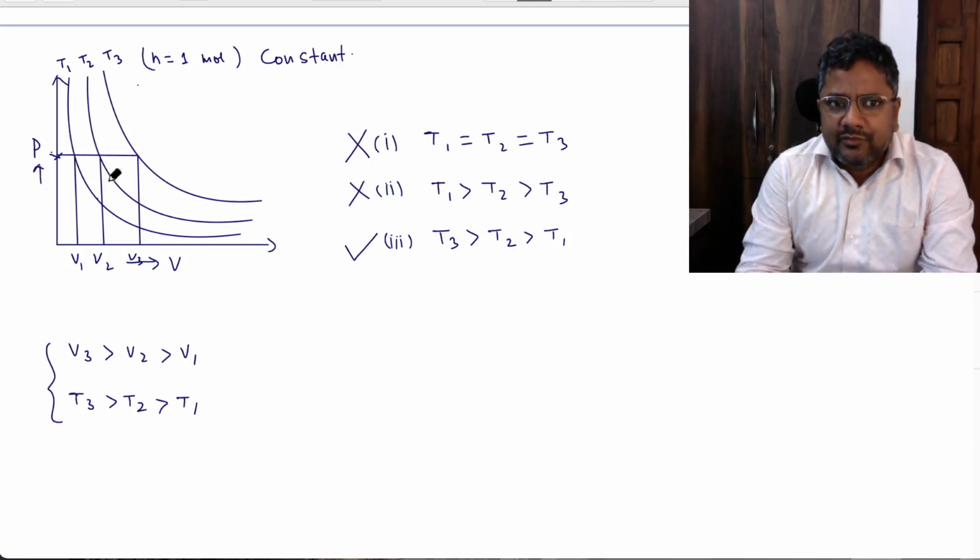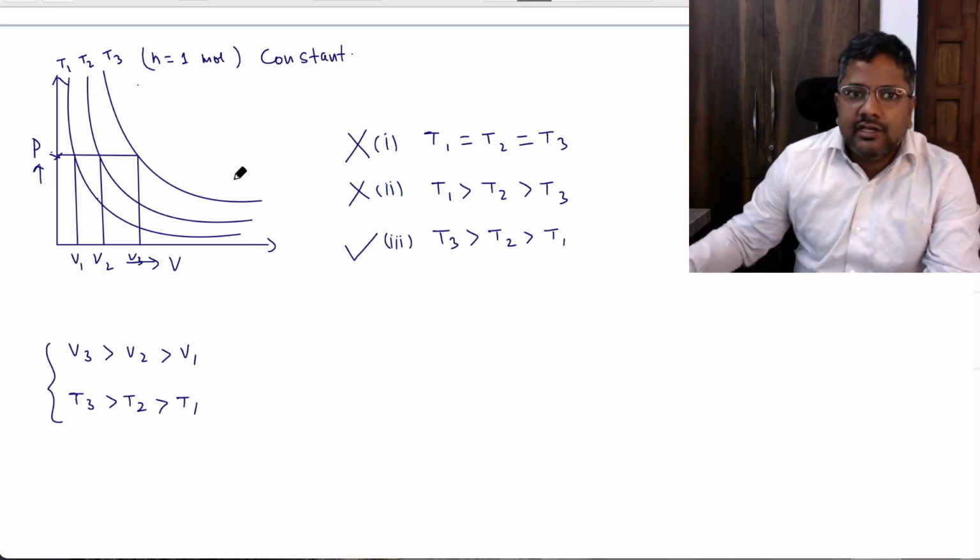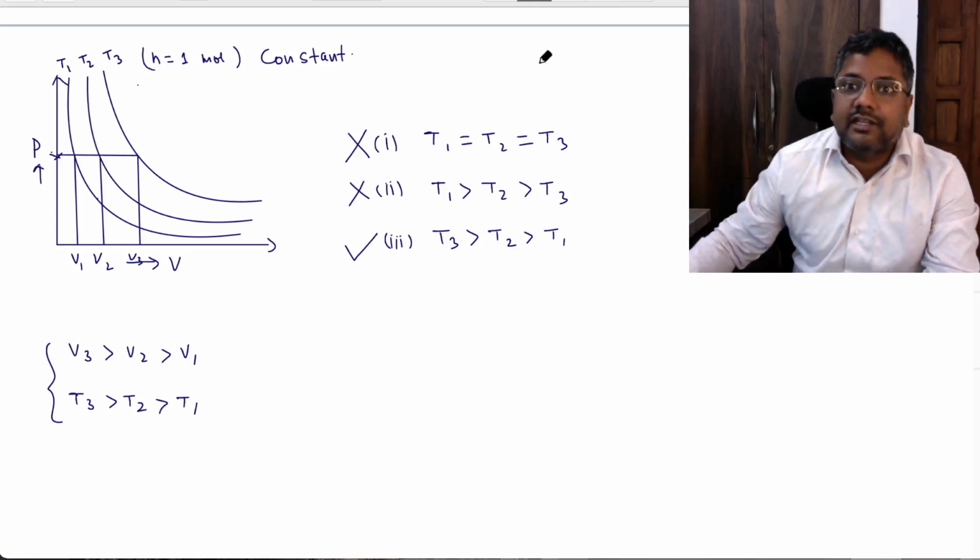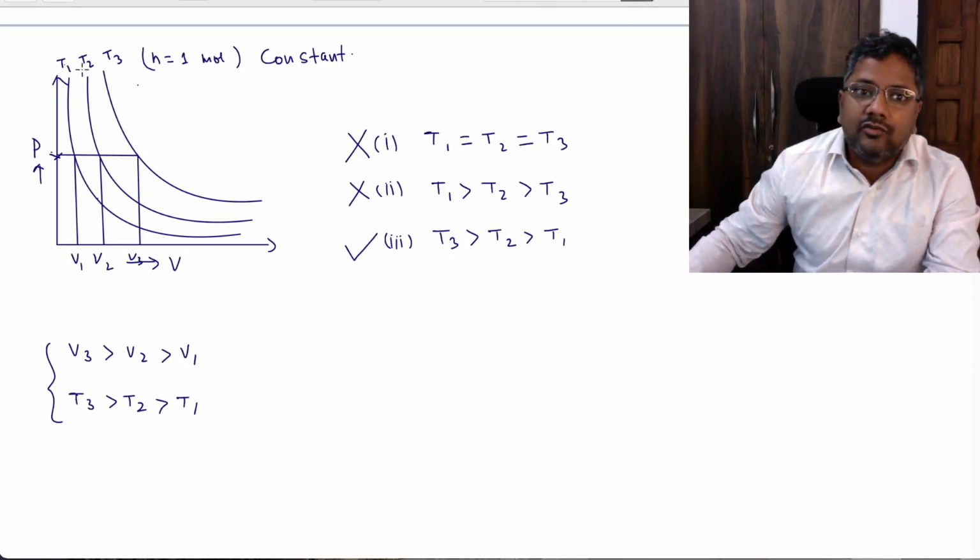Similarly, you can make a similar graph, and this time T is constant, but N is variable. Suppose that different quantities were taken, then how to interpret this graph?